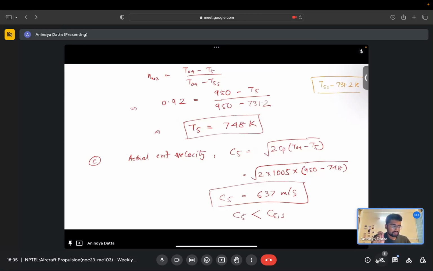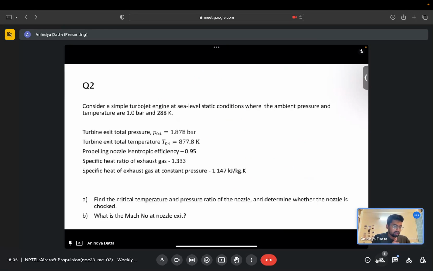Okay, let's move on. Let's say we are considering a simple turbojet engine at sea level static conditions, where the ambient pressure is 1 bar and the ambient temperature is 288 Kelvin. Okay, so we have a nozzle.